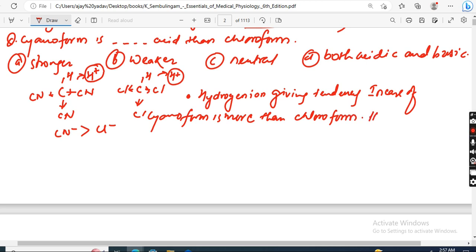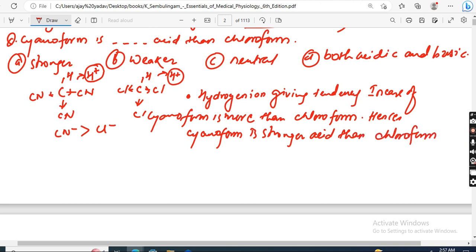Hence, cyanoform is a stronger acid than chloroform. That is what we are trying to find out.